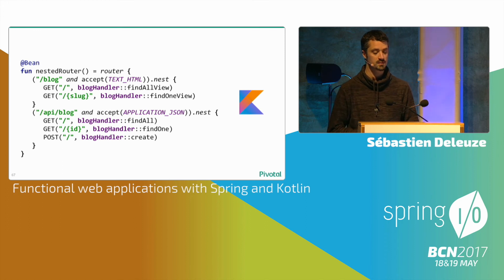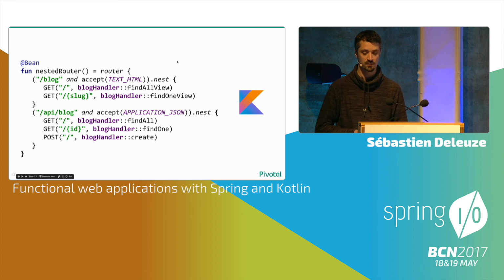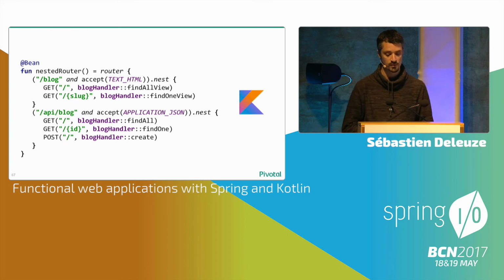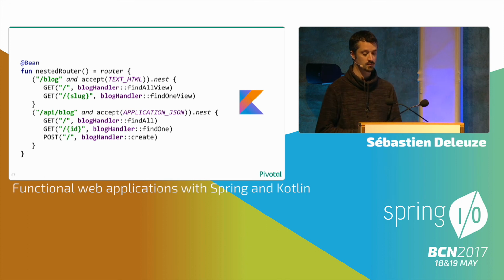You can use nested routing. Nested routing allows you to define a common set of request predicates that will be applied to every nested route. So here we are saying that in the first nested block, every request that matches the /blog path prefix and accepts text/html will be routed to the nested block, which is /blog/ and /blog/{slug}.